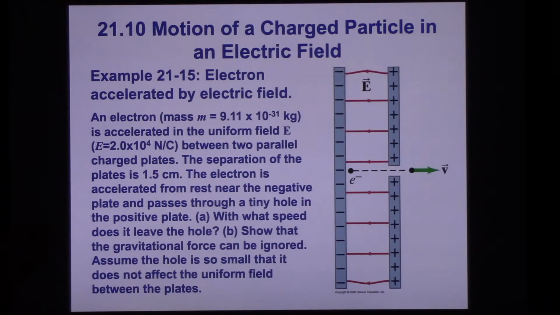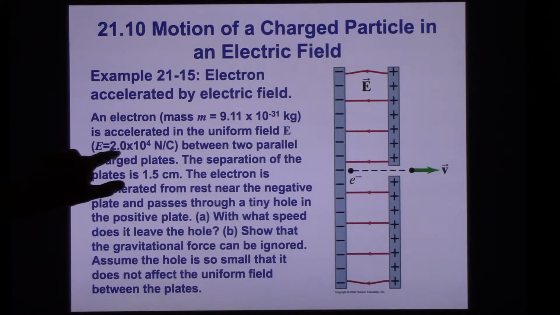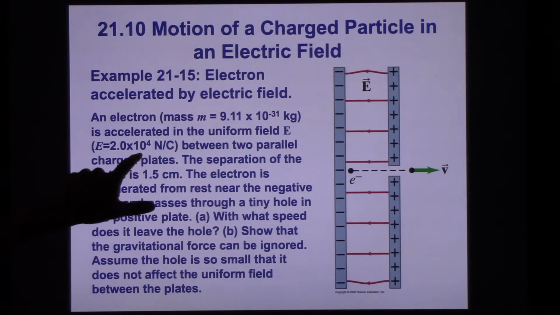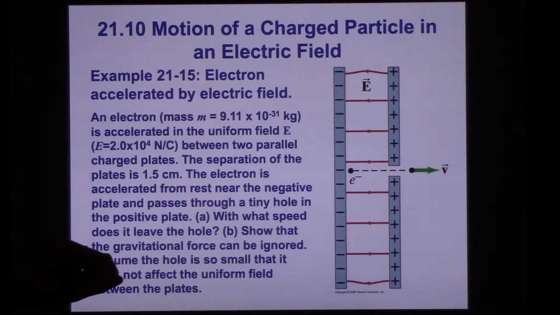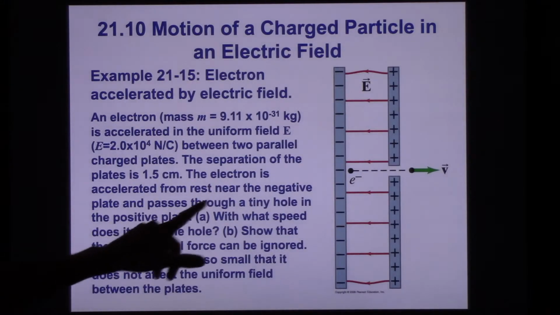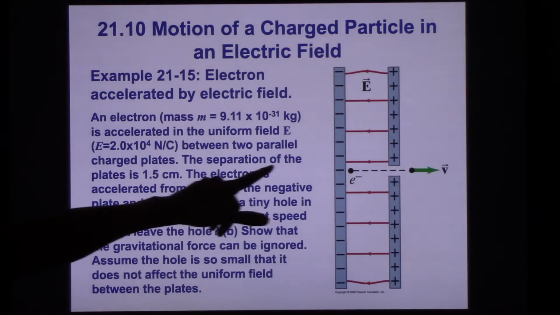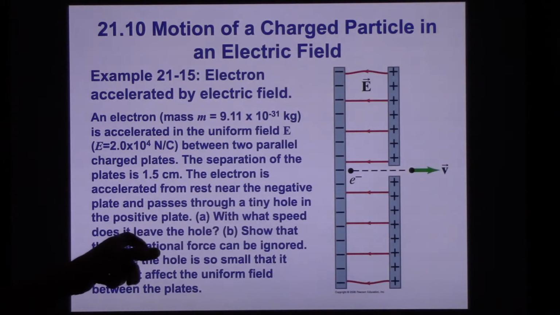So what this is saying is, okay, here's the electron, there's its mass. Here is the electric field. Let's say we've generated an electric field of 20,000 newtons per coulomb between the plates. The plates are separated by 1.5 centimeters, and the electron would be accelerated from rest near the negative plate, passing through the tiny hole.